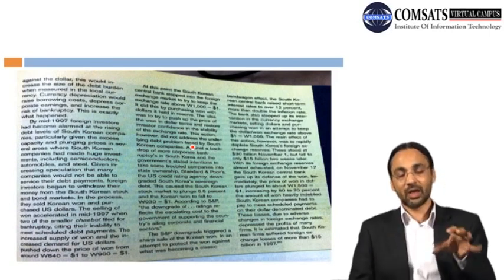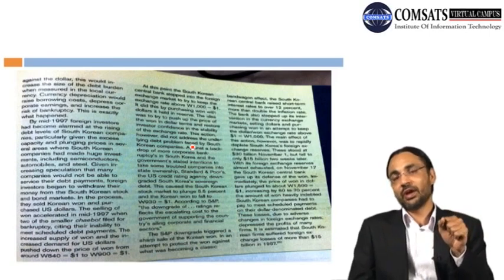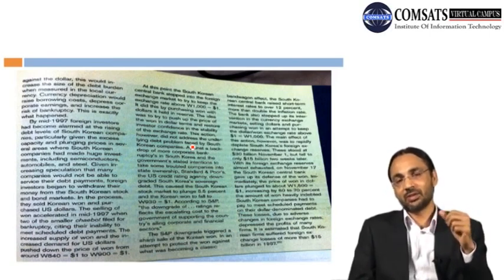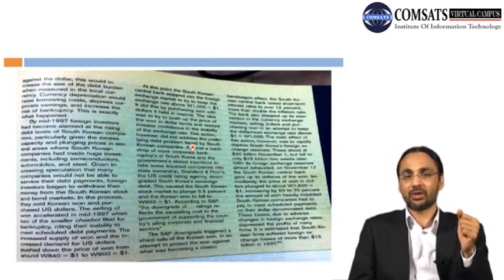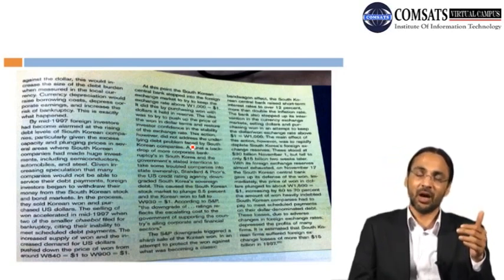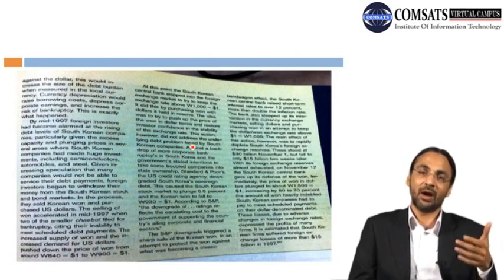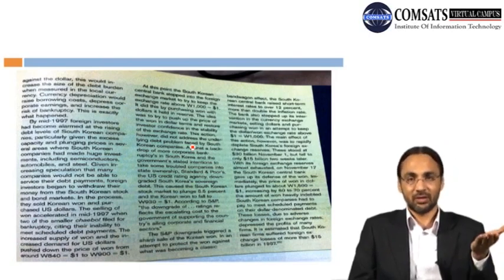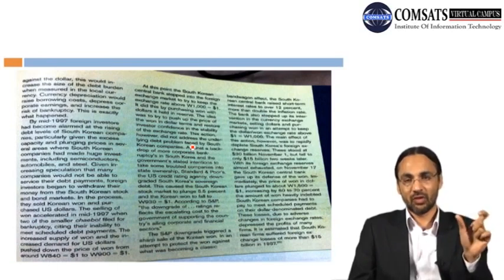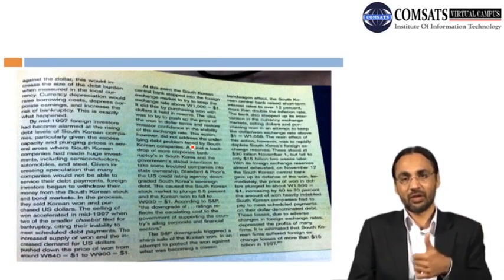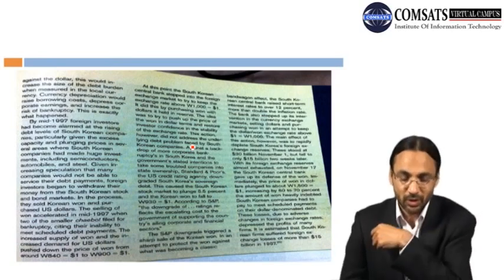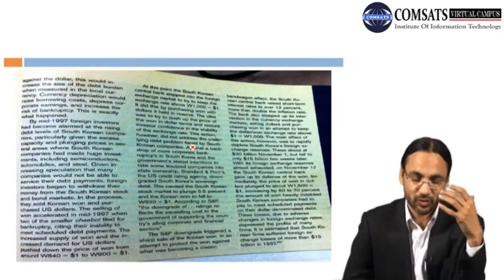The important thing is again the supply and demand concept: when they see that these firms were unable to pay the foreign debt, the demand for dollars increased, and when the demand increased, the exchange rate of the US dollar against the South Korean won increased from 840 to 900. Okay, this is the whole story.